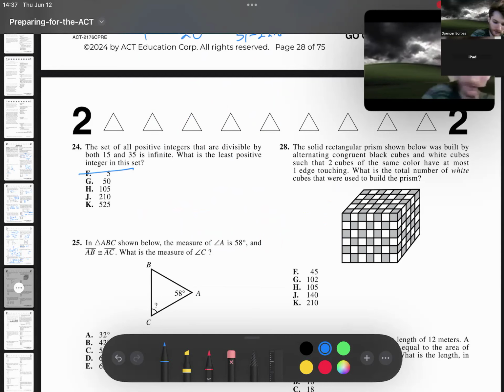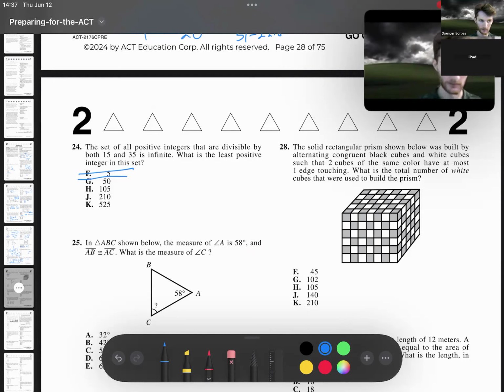It's definitely not 50. I should be able to do this in my head. Maybe 105 divided by 15, 105 divided by 35. Well, 105 is the smallest answer that fits those criteria, so it would be H.